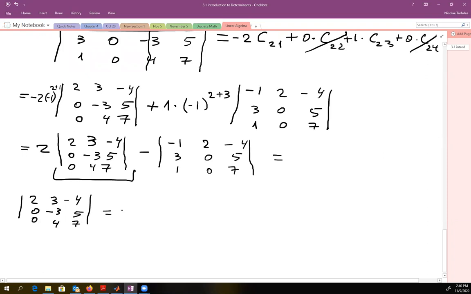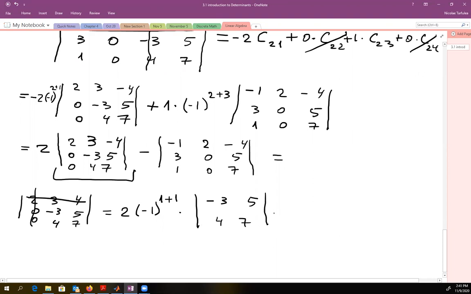So this is 2 times negative 1, I'm going to write the cofactor 1,1, to the 1 plus 1, multiplied by, you cross out these, and you multiply by the determinant of negative 3, 5, 4, 7. And then you have only zeros. All the other entries on this first column are zeros.